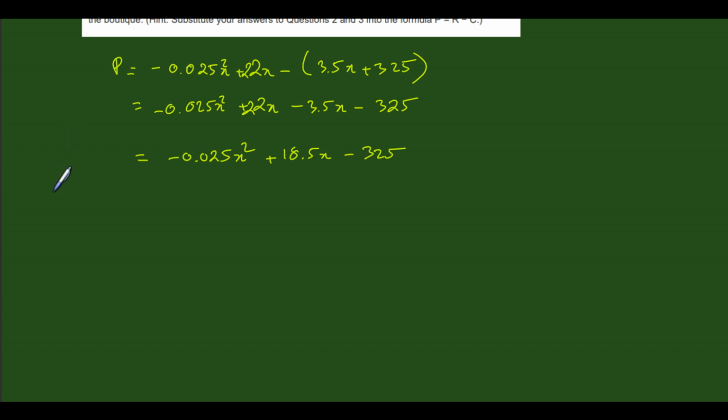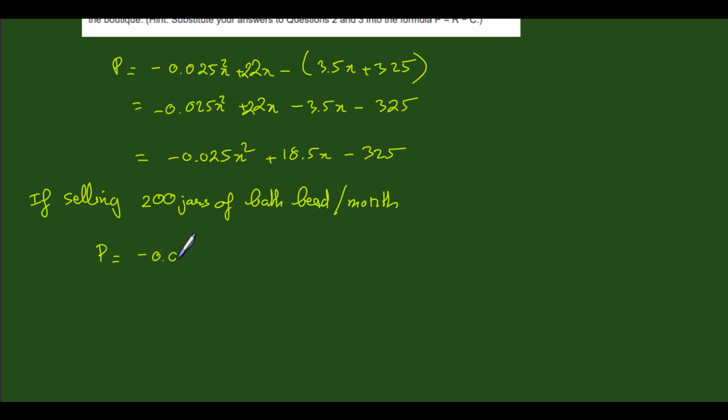Now, what if the guy sells 200 yards of bath bit per month? How much profit will he make? If selling 200 yards of bath bit per month, in order to find the profit, you basically just need to plug it in.